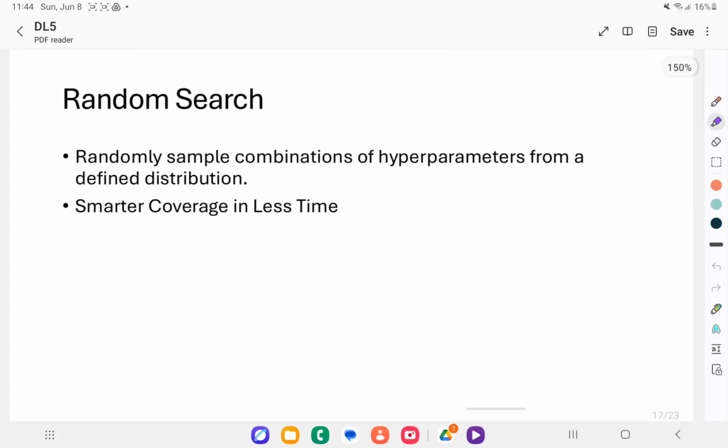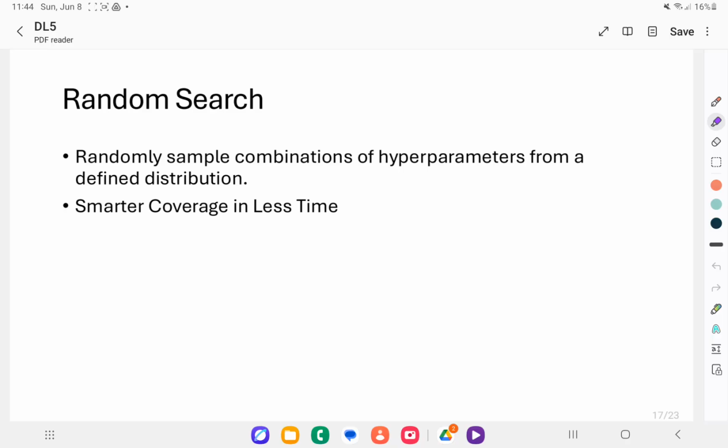Now, instead, as we said, random search is more flexible and offers a more effective method of hyperparameter tuning. Instead of exhaustively checking every point on the grid, you randomly sample combinations of hyperparameters from predefined ranges, and it's really powerful because in most tuning problems, only one or two hyperparameters significantly influence performance.